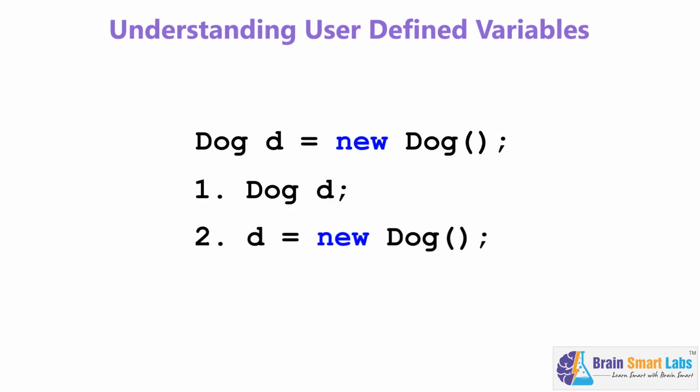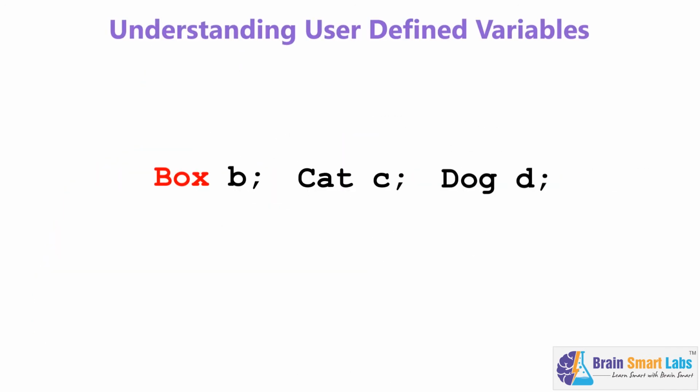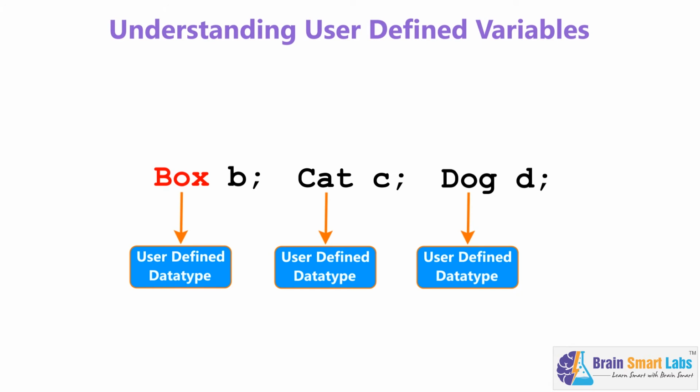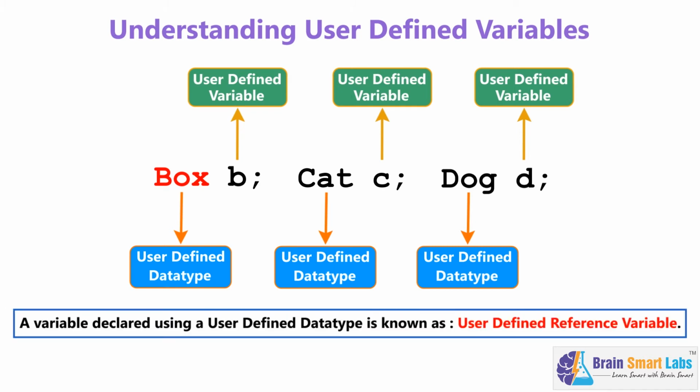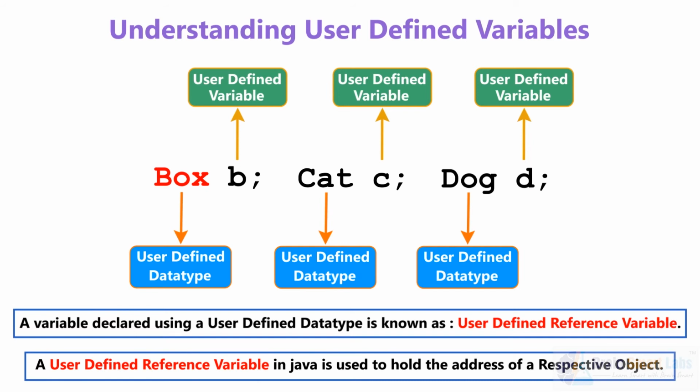Here in these examples, box b, cat c and dog d, the phrase box, cat and dog signifies user defined data types and variables b, c and d are known as user defined variables. In simple words, a variable declared using a user defined data type is known as a user defined reference variable. A user defined reference variable in Java is used to hold the address of its respective object.